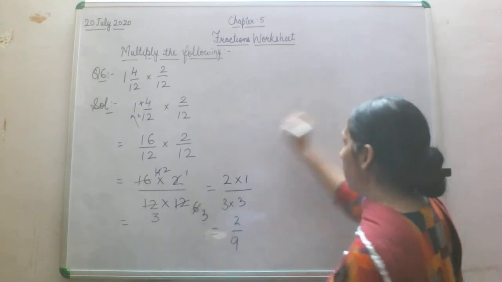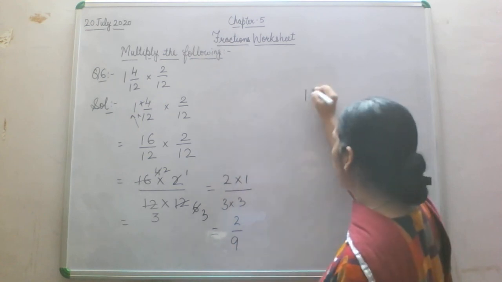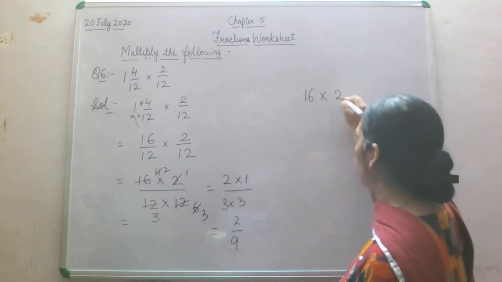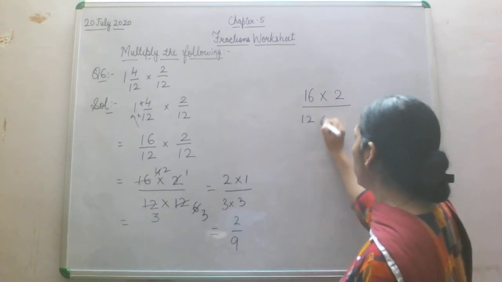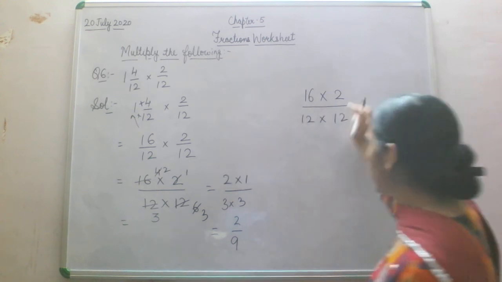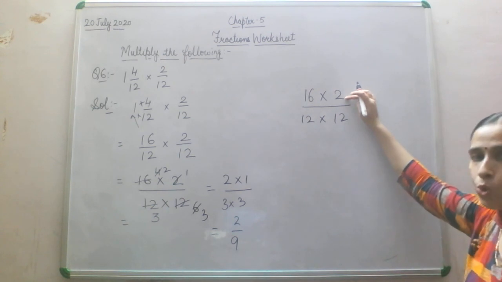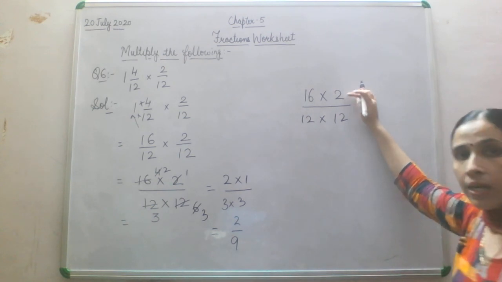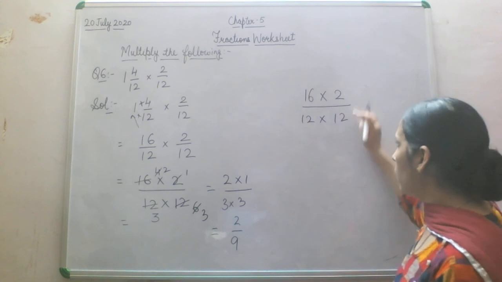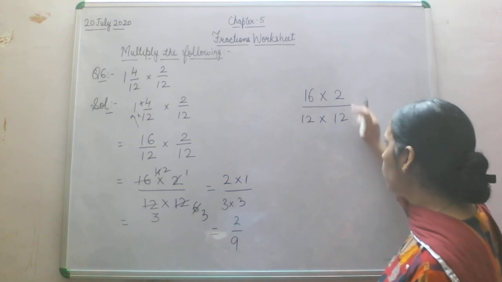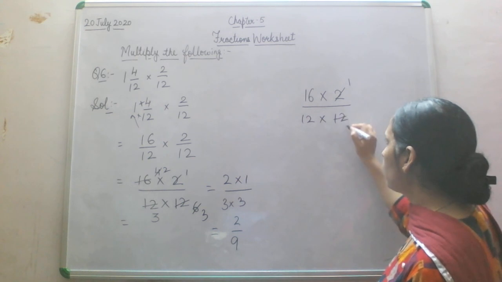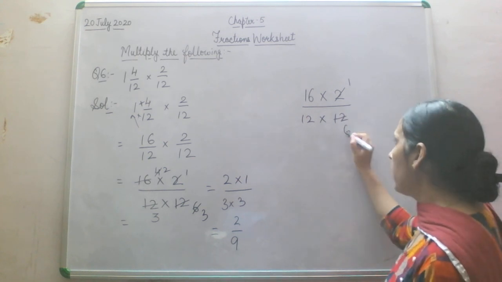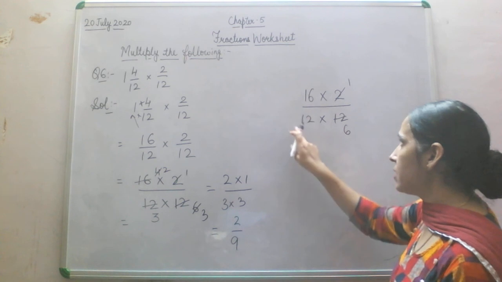Now here what we have got is 16 multiplied by 2/12, so the numerator 16 is multiplied by 2 and the denominator 12 by 12. As you can see here, 2 and 12 have 2 as a common factor. So 2 ones are 2 and 2 sixes are 12. Fine.